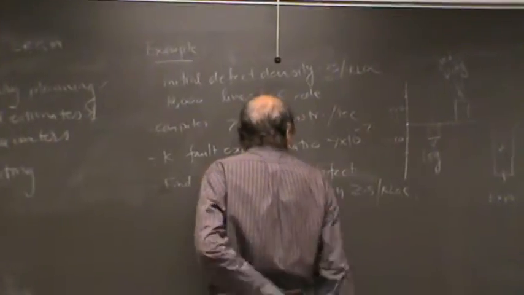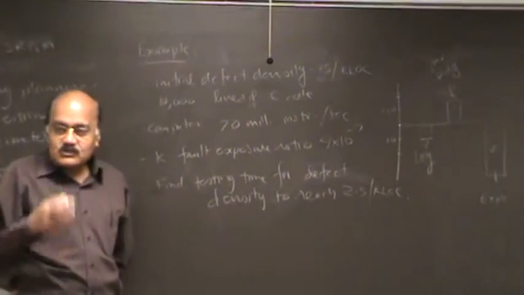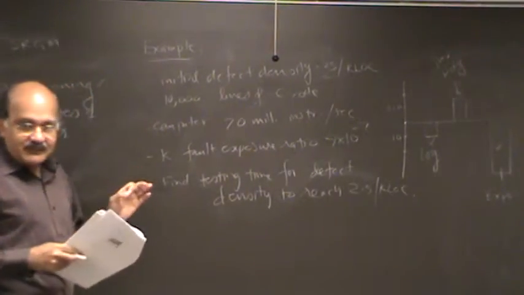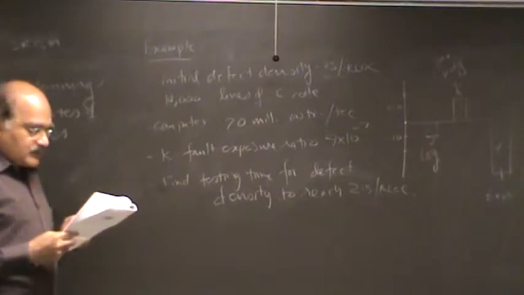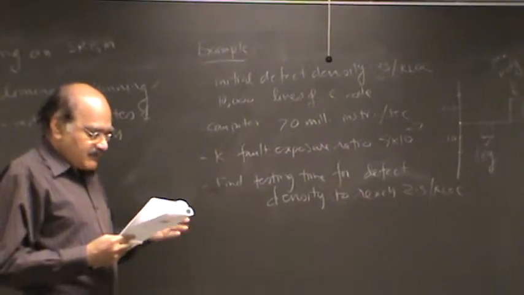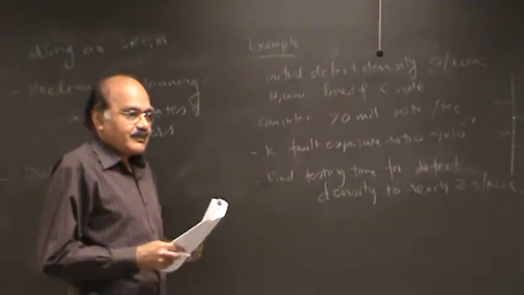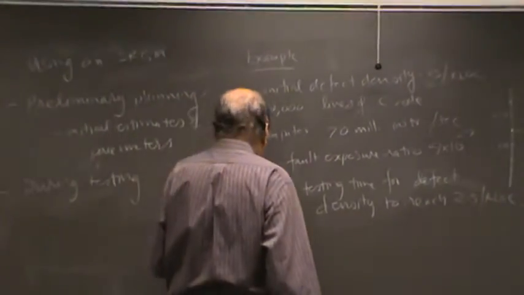Right now it is 25 per 1,000 lines of code. So how much testing do you need to do? Your estimated defect density is going to drop down to 2.5 per 1,000 lines of code. Here's the question: how would you do that?